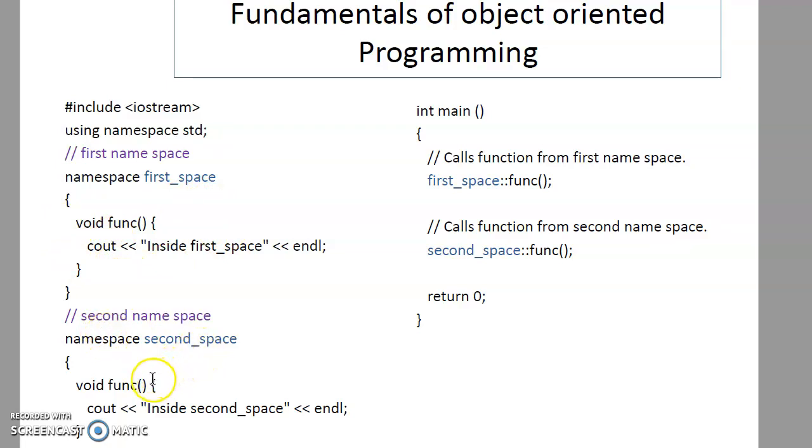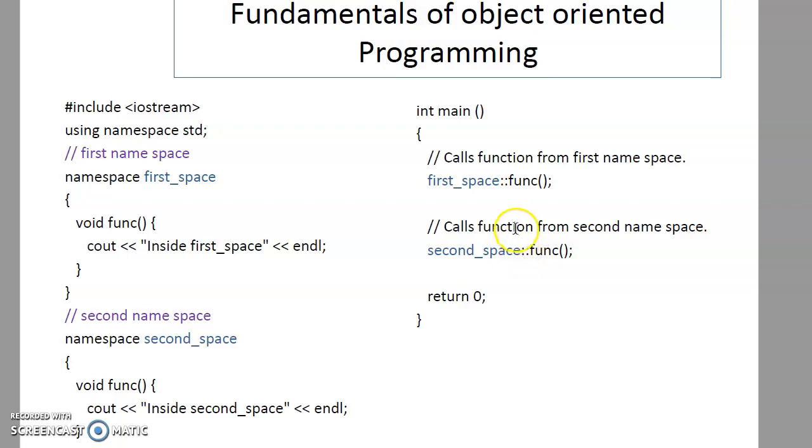Again it contains a function func. When you call it, you can give first space, then the scope resolution operator, then the name of the function. This will execute the function in the namespace first space. And when you say second space, colon colon, func, it will execute the func function in the second namespace.